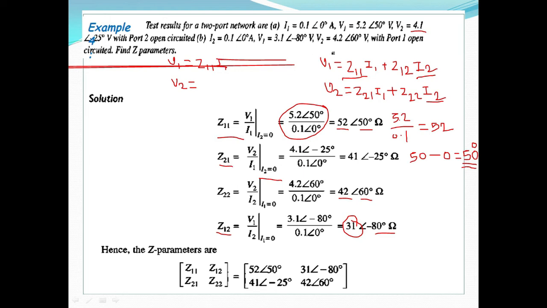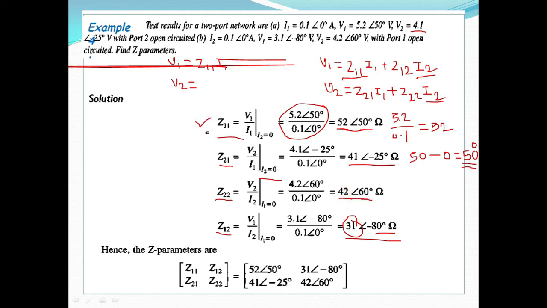Z11 is equal to 52 at an angle of 50 degree. Z12 is equal to 31 at an angle of 80 degree. Z21 is equal to 41 at an angle of 25 degree, and Z22 is equal to 42 at an angle of 60 degree.